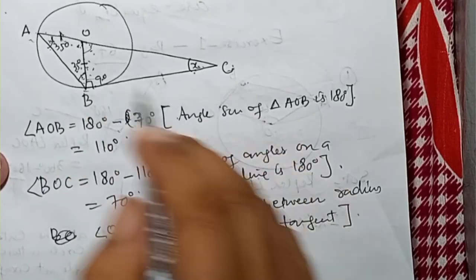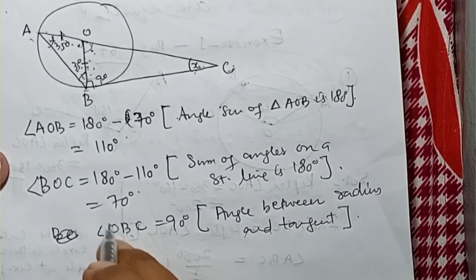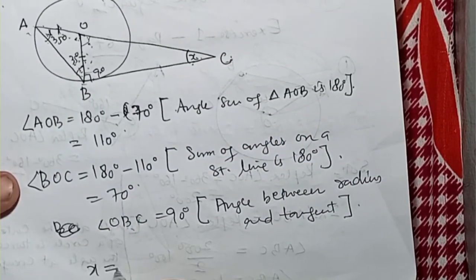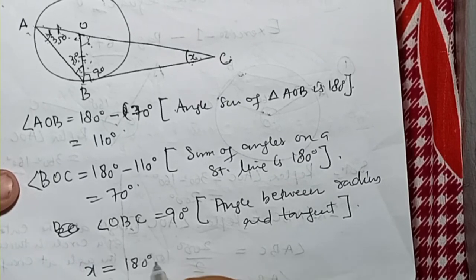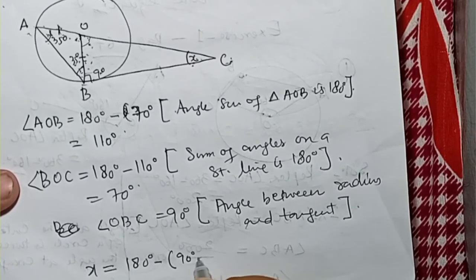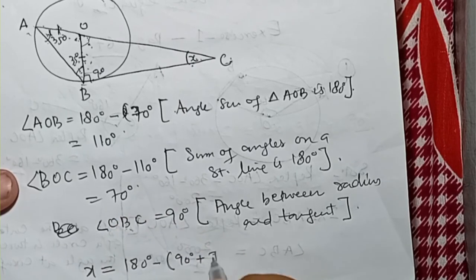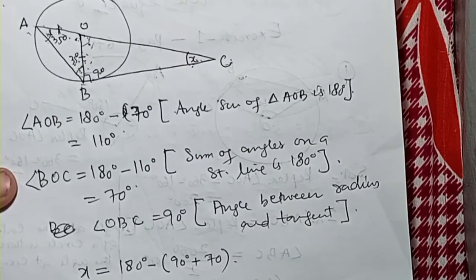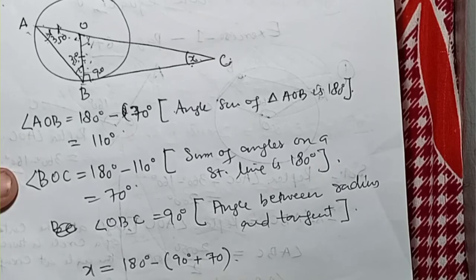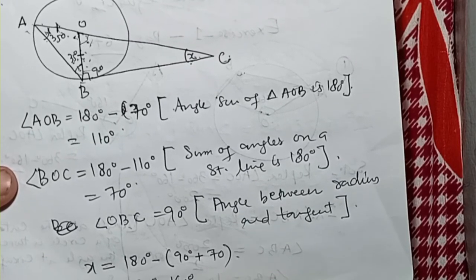So this is 90, this is 70. Now what is x? I can write x is equal to 180 minus the sum of these two angles, that is 90 plus 70 degree, 180 degree minus 160 degree. So this will be 20 degree.